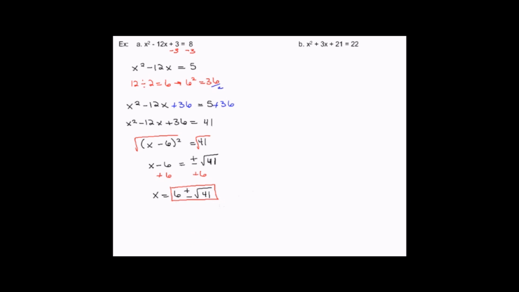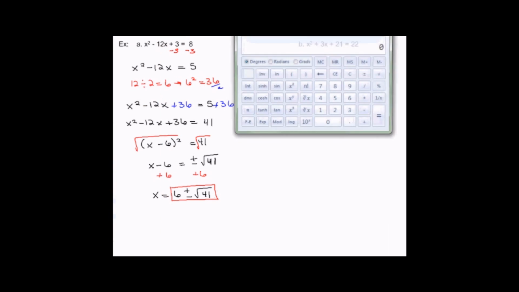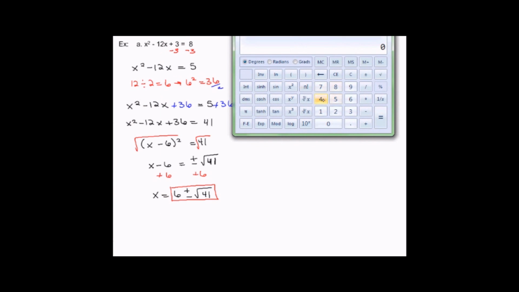Now, if you are told to give your answer in the form of a decimal, that's actually rounding. This is exact, that wouldn't be. We can do that. You'll take your calculator and you'll plug in 41 and take the square root of it. We're going to get 6.403, which to the nearest tenth would be 6.4.